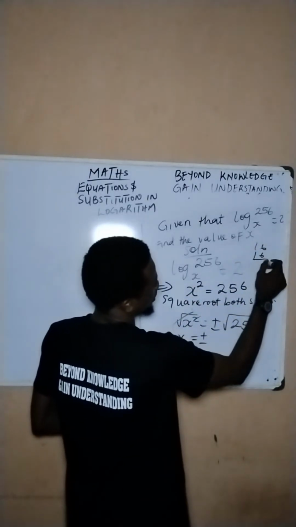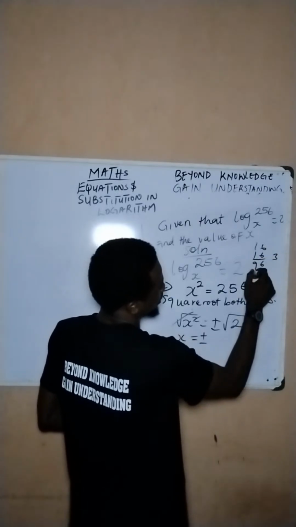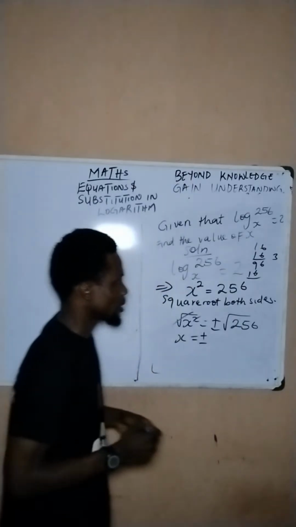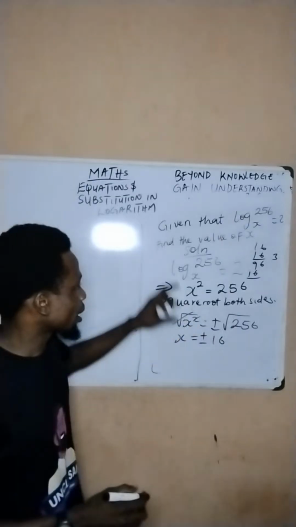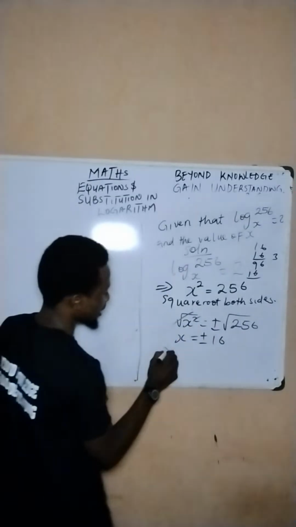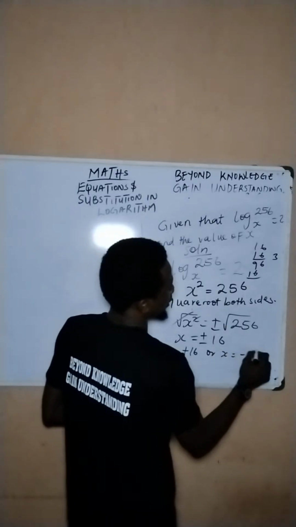16 times 16: 6 times 6 is 36, 6 times 1 is 6, and 1. Yes, I think it's 16. So this is the same as plus and minus 16. That is to say x is plus 16 or x is minus 16.